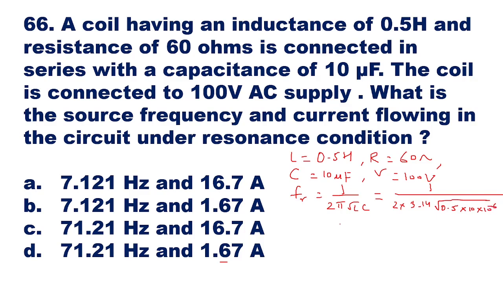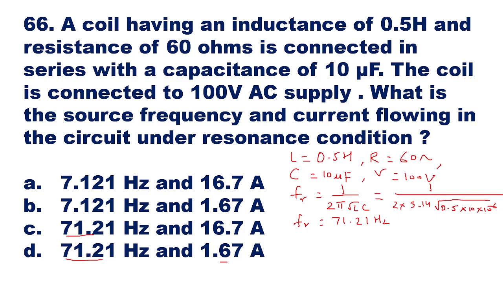So if you evaluate this, you will get Fr equal to 71.21 Hertz. So here you can see 71.21 Hertz in option C and in option D. So any one of these will be correct.